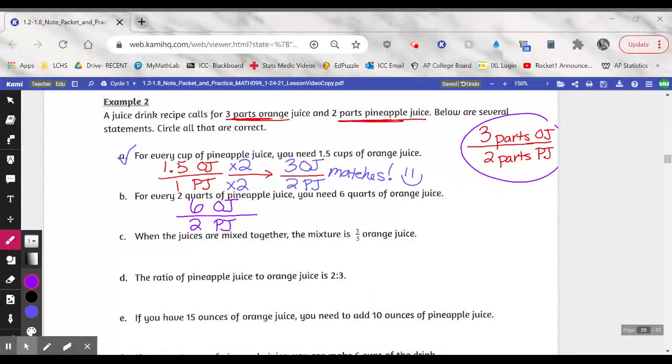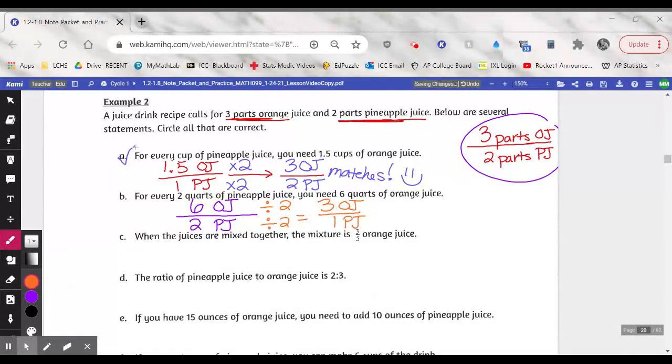We could simplify this. Looking at 6 over 2, both are divisible by 2. So I can divide the top and bottom by 2. So that would be 3 of OJ for every 1 of PJ.